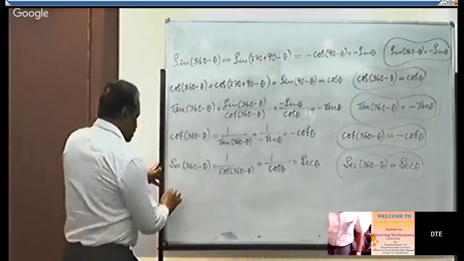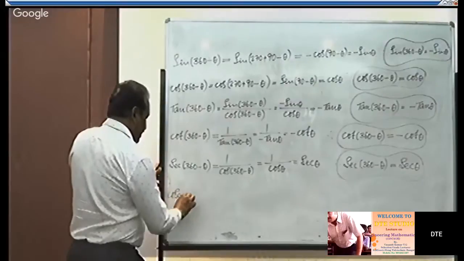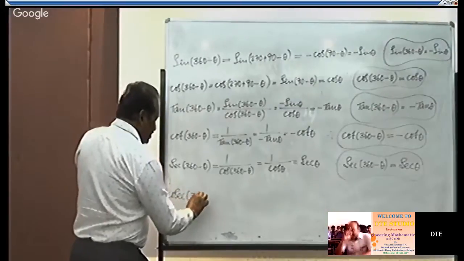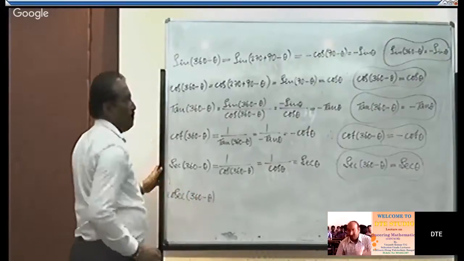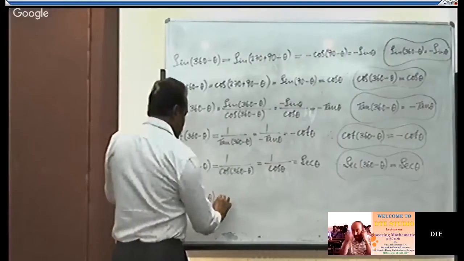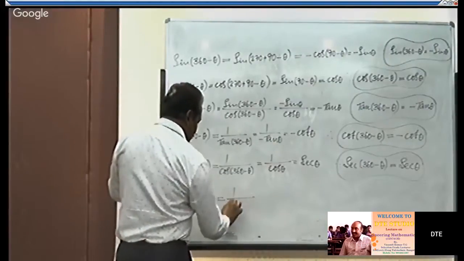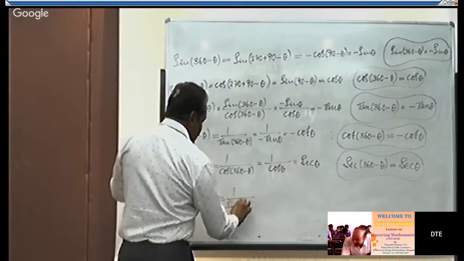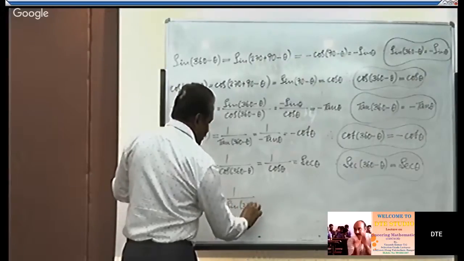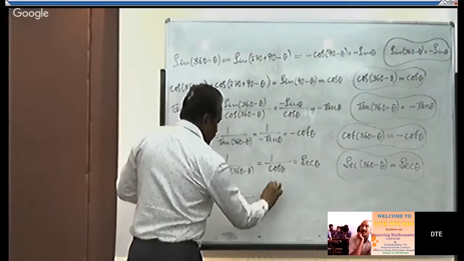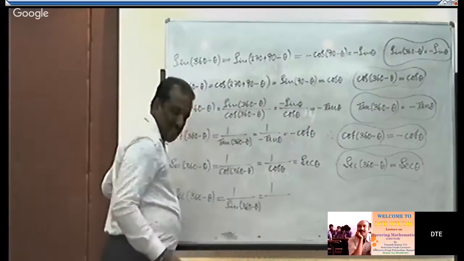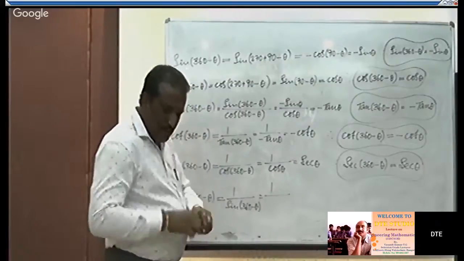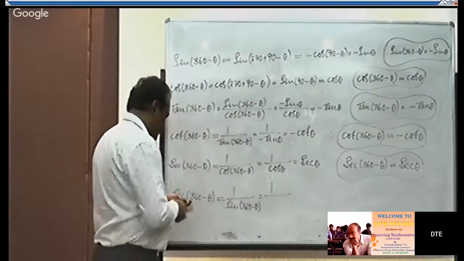Then the last one, it is cosecant of 360 minus theta. We know that cosecant is a reciprocal for sine. Sine of 360 minus theta. But we write sine of 360 minus theta as minus sine theta.